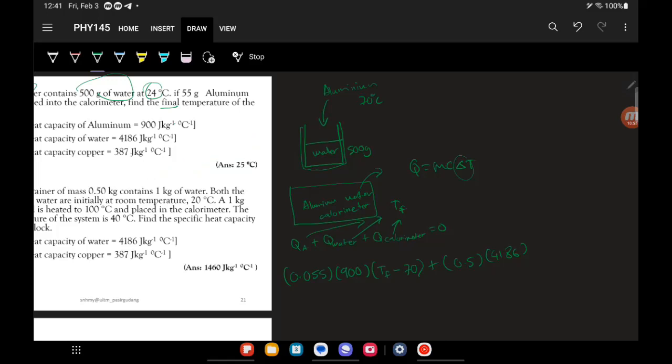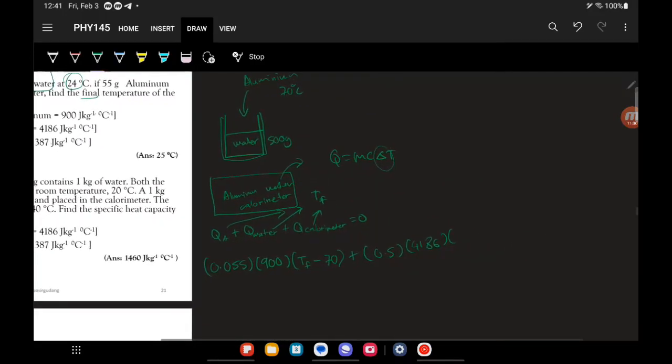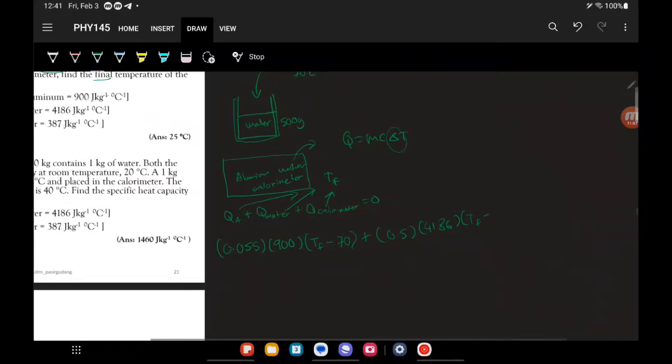Again, let's find the change in temperature for water. The final temperature will be TF, so we just need the initial temperature, which is 24.